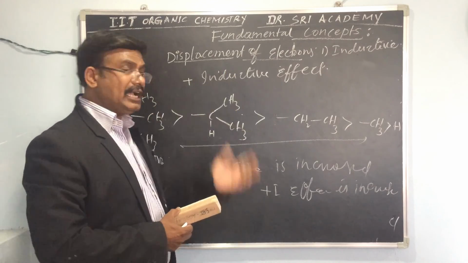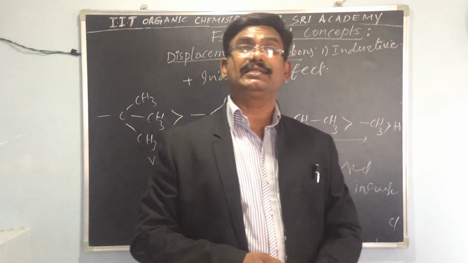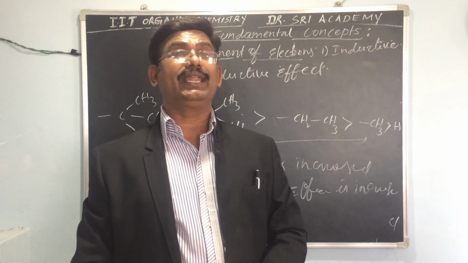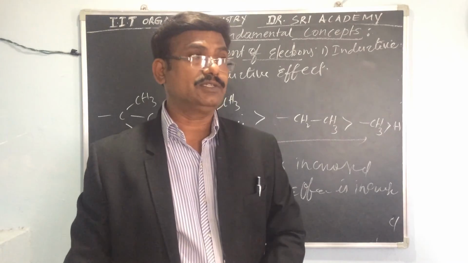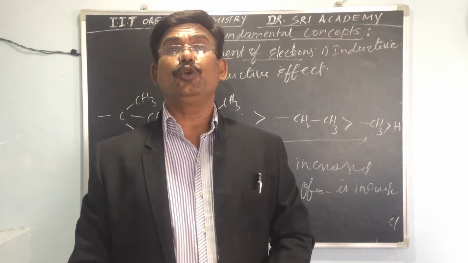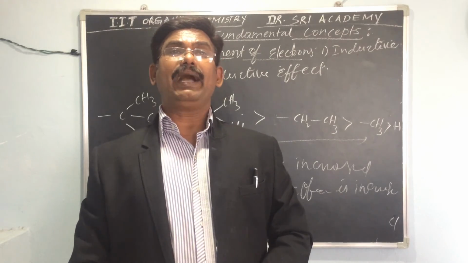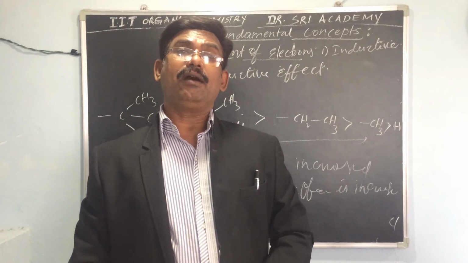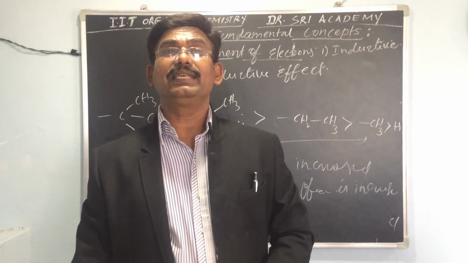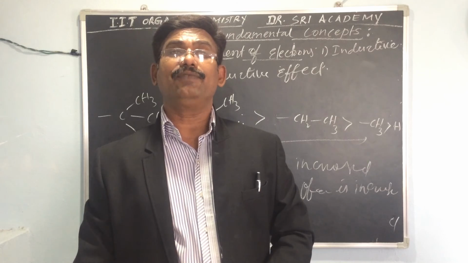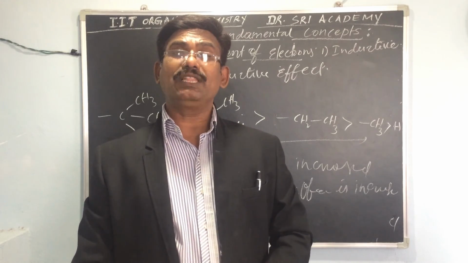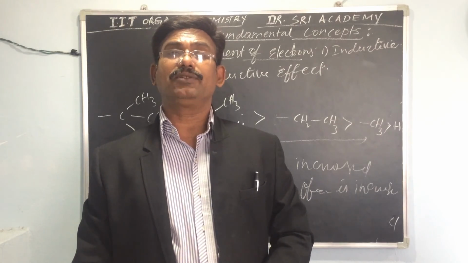And in the negative inductive effect, all are the amines; trialkyl amines are greater than the amine, and nitrogen dioxide and sulfur dioxide, like that. You have to remember all these groups. So that is the minus effect decreasing order, and the plus effect decreasing order we have seen. All these things we have to remember for writing exam mechanisms. The mechanism will be asked in the IIT exam. So without knowing these, we can't study it.